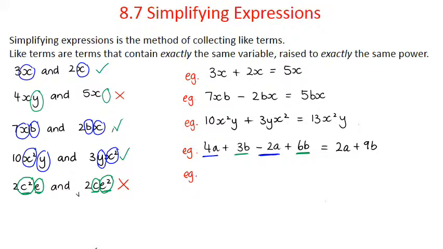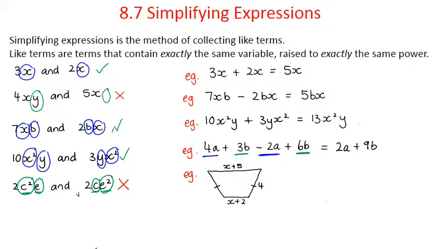Okay, one last question. We'll try a geometry question. So we're given this trapezium, and we know that this side is x plus 5 units long. This side is 4 units long. They are both the same. And this one is x plus 2.